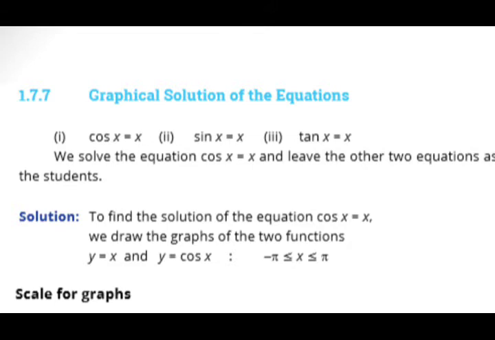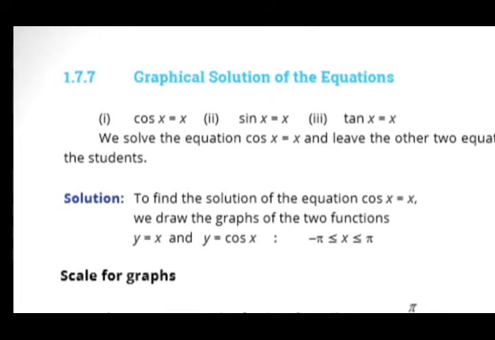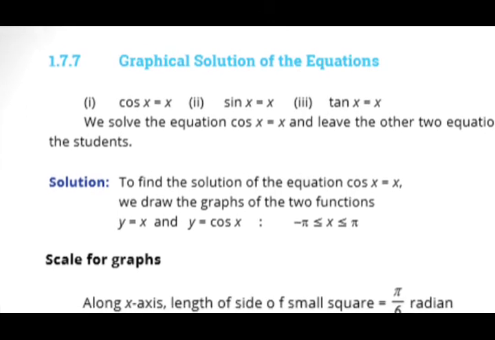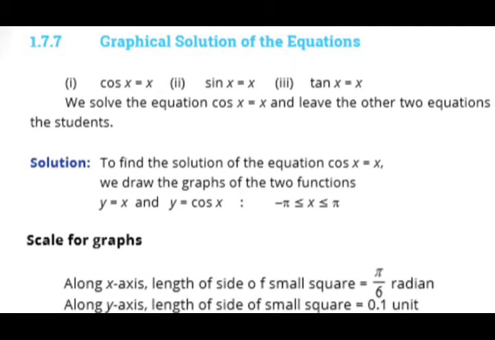Graph of equations. We solve them graphically. cos x is equal to x. We have two functions, y is equal to x and y is equal to cos x. y is equal to x is also linear, and it's also called the identity function because its domain and range are the same.